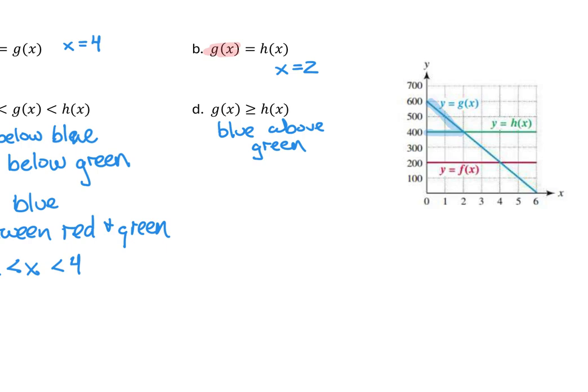So you can say x is less than or equal to 2. But again, because of the way that this is drawn without the arrows, we do need to make sure that we are starting at 0. And so we get 0 is less than or equal to x is less than or equal to 2.